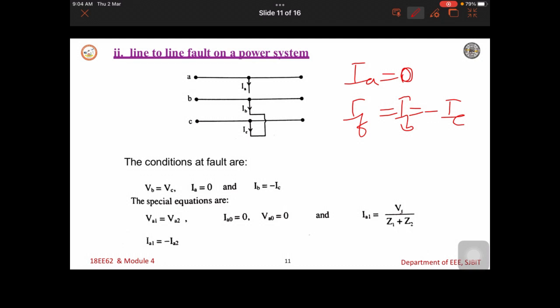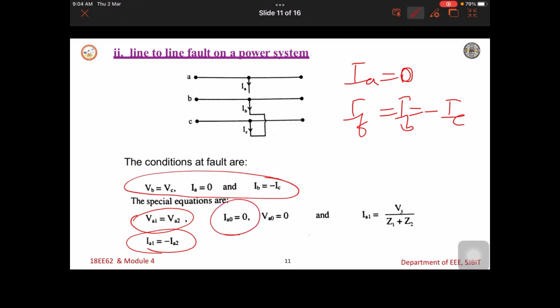And from the previous derivation, it is observed that in this case VA1 is equal to VA2 and IA1 will be equal and opposite to IA2, and the IA0 value will be 0 and the VA0 value will be 0. Therefore, in the sequence network of the line to line fault, there will be no zero sequence network, and IA1 value will be VF divided by Z1 plus Z2.